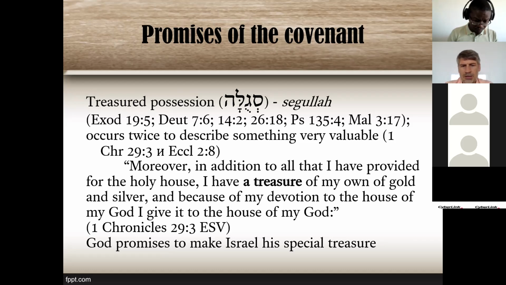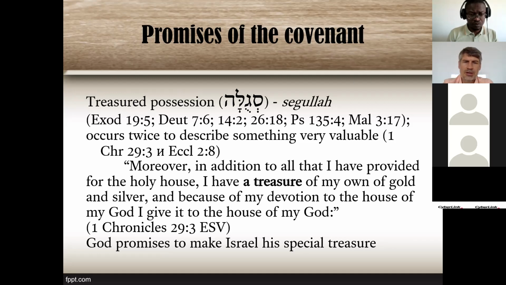So do you see, when the tabernacle was about to be built, David says that except for all things that he prepared for the tabernacle, he has his own treasure, something that is very valuable. So it is not something that belongs to everybody, but it is his own. And he wants to devote it to the house of the Lord.